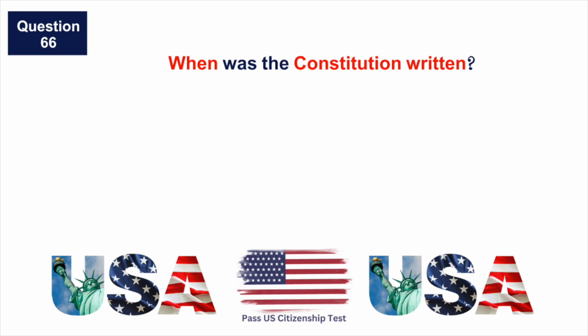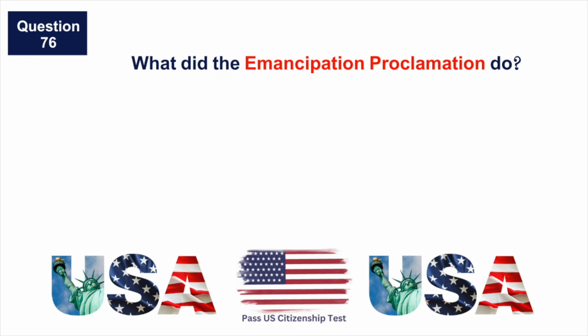When was the Constitution written? 1787. What did the Emancipation Proclamation do? Freed the slaves.